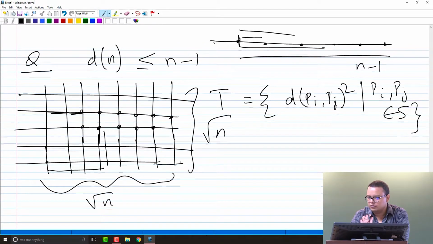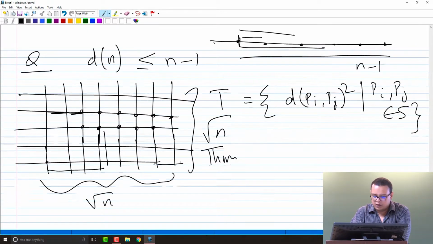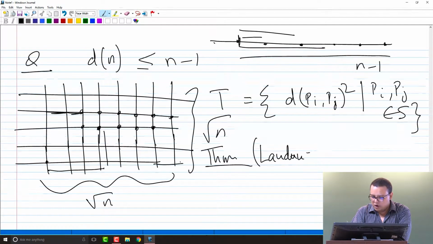N. Okay. So then you can use this famous result by Landau and Ramanujan.